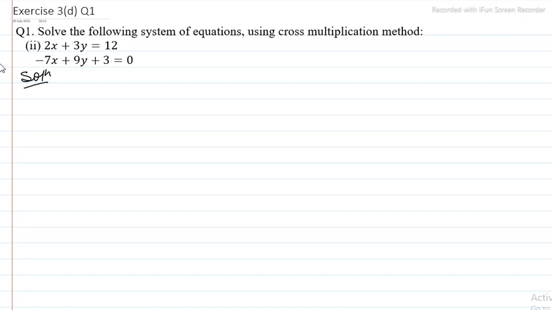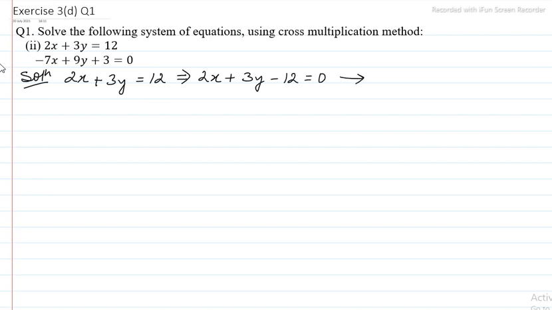Now, in this part 2, what are the two equations? The two equations here are 2x plus 3y equal to 12. Now this equation is not in the standard form, so to make it standard we have to make the right hand side 0. So 2x plus 3y is equal to, transfer 12 to the left side, it becomes minus 12, and is equal to 0.